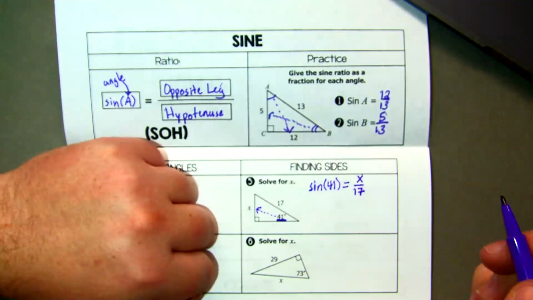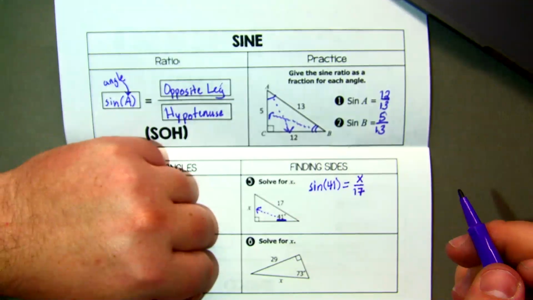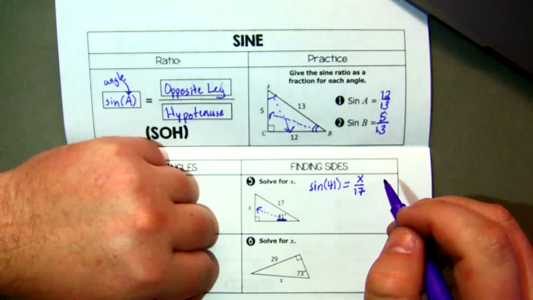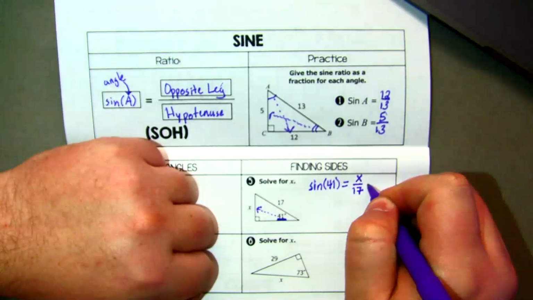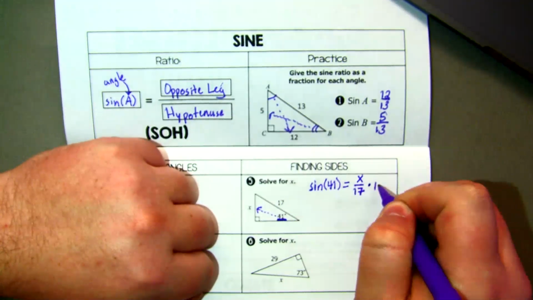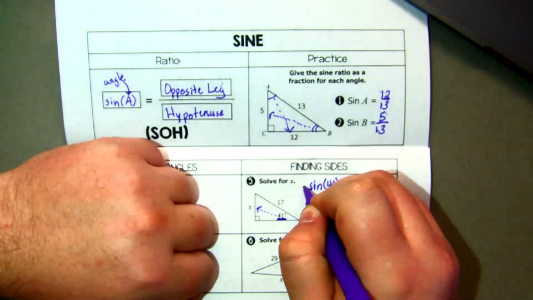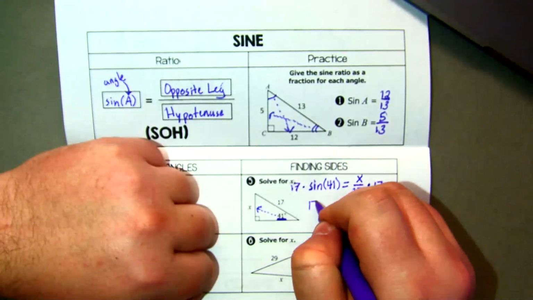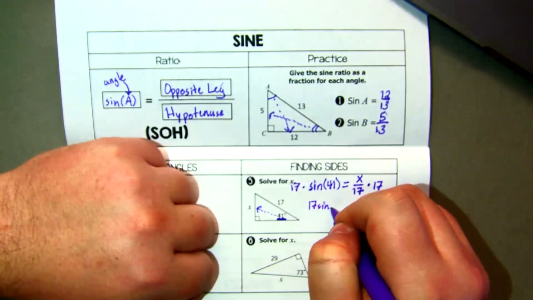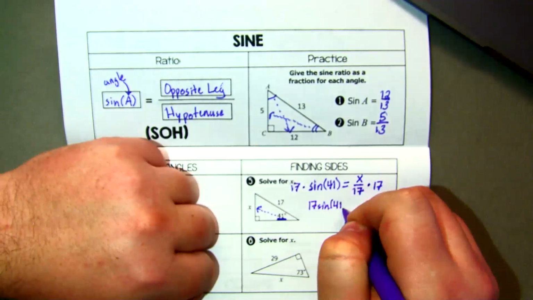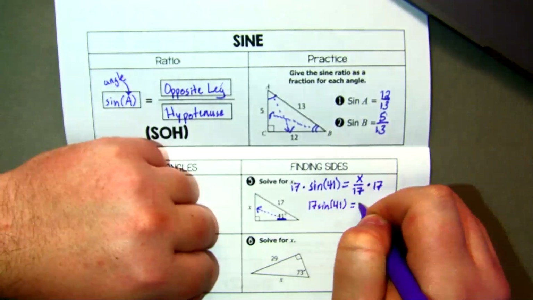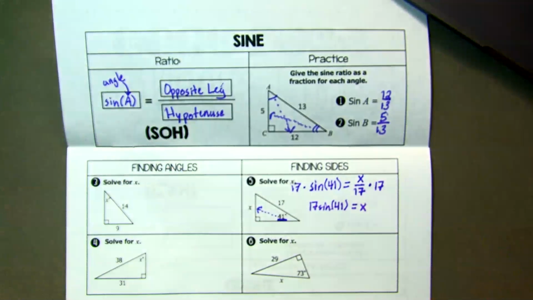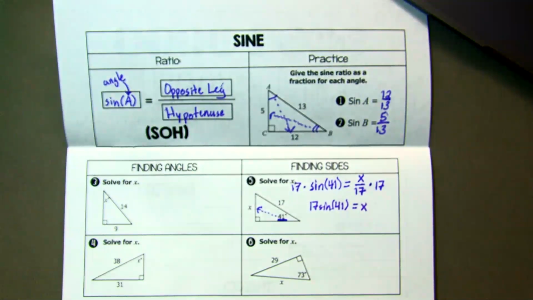We want to get x by itself and then plug everything into our calculator. So the way we're going to do that, we're going to multiply both sides by 17. When we do that, we get 17 sine of 41 equals x. This is where we plug into the calculator.